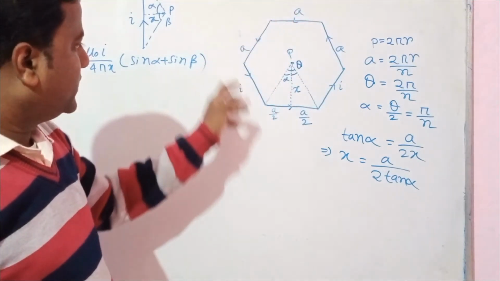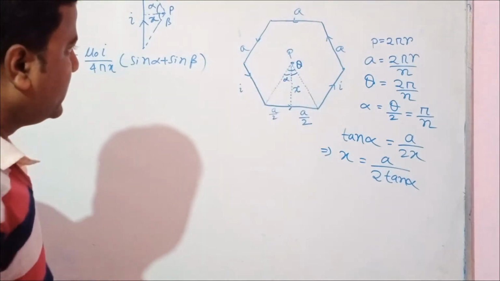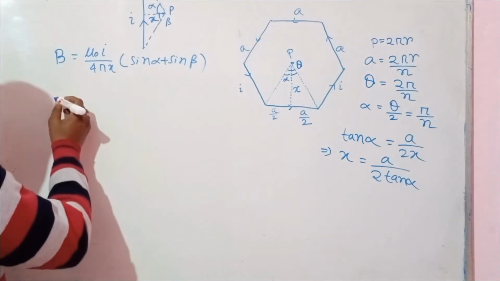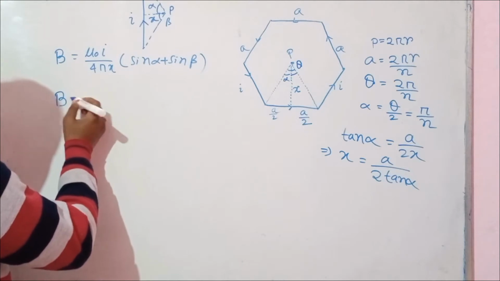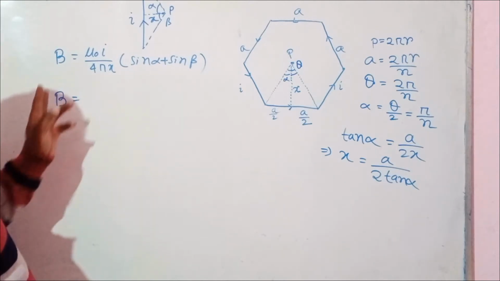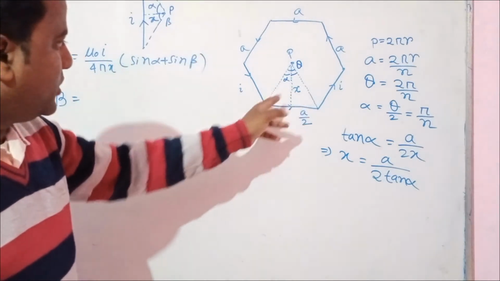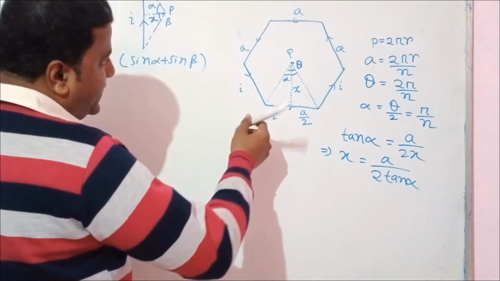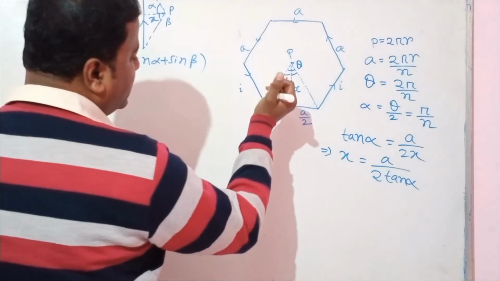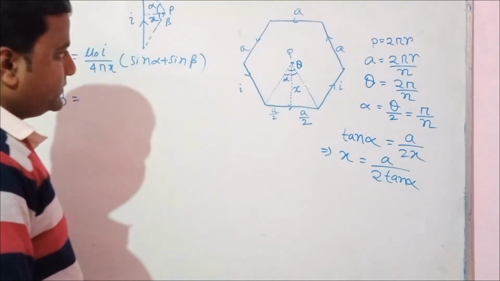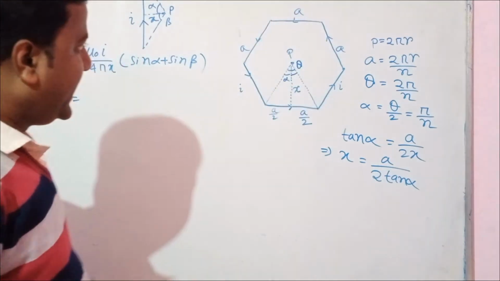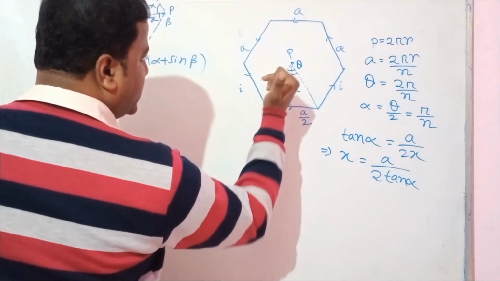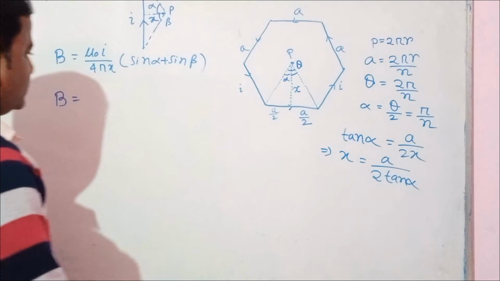Here the number of sides is n. Therefore the total magnetic field at the center B will be n times this for this conductor, and the magnetic field is always upward from the plane, because the current carries anti-clockwise and the thumb points the direction of the magnetic field.